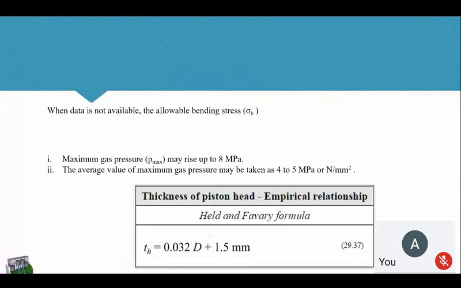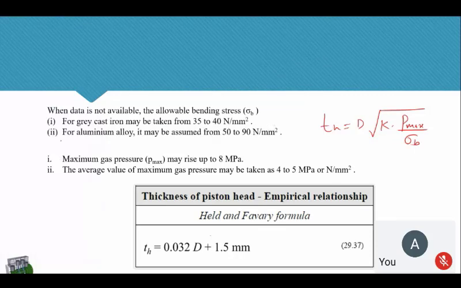Next, when sufficient data is not given for the previous calculation of the thickness of the piston head, we can assume for gray cast iron a bending stress of around 35 to 40 megapascal, whereas for aluminum alloy, we can assume somewhere around 50 to 90 megapascal.